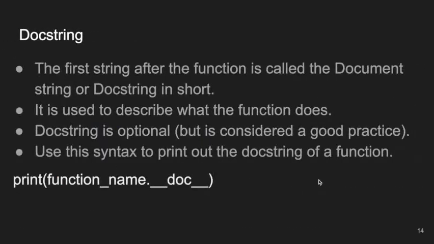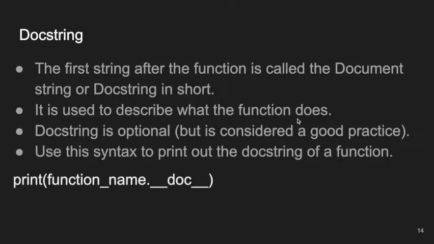Now the other thing that we've talked about, but not too much, is the docstring. If you remember from the structure of the Python function we saw last week, we talked about the docstring. A docstring is useful because it can give you the description of what the function does.